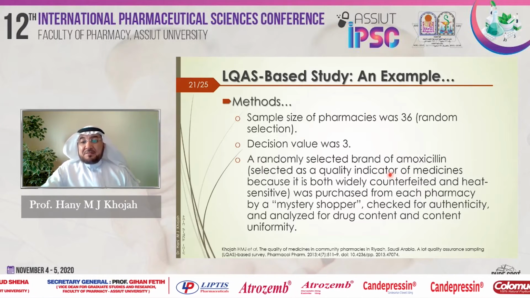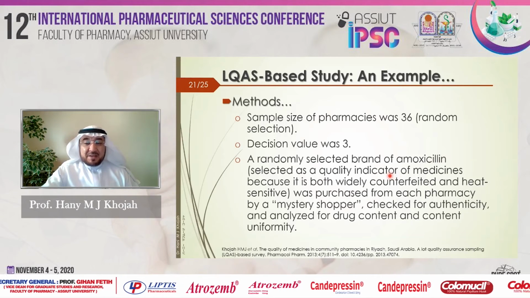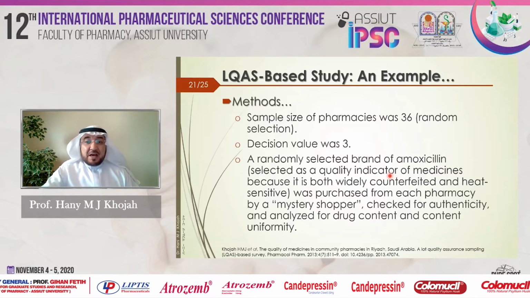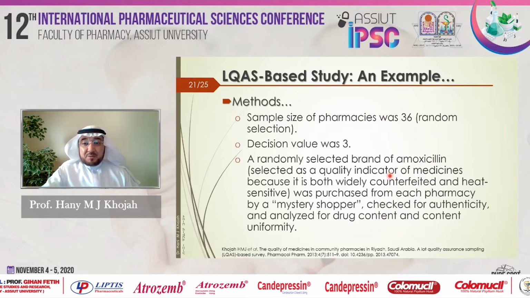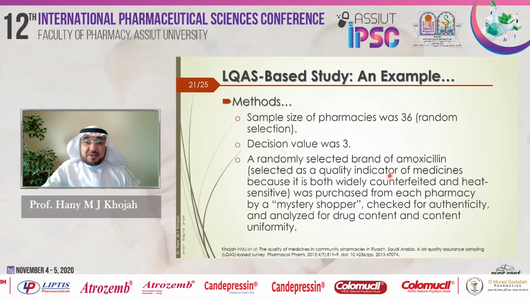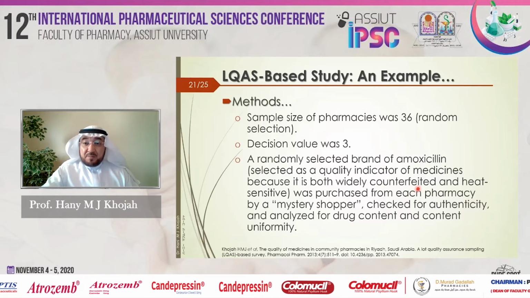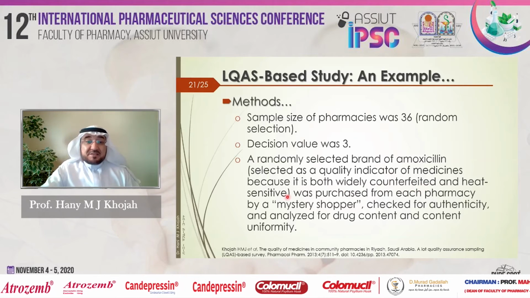So if I find low quality amoxicillin product in a pharmacy, then I may expect to see other medicines also, which are counterfeit or low quality. Amoxicillin is widely used. It is widely counterfeit also. On the other hand, it's heat sensitive.